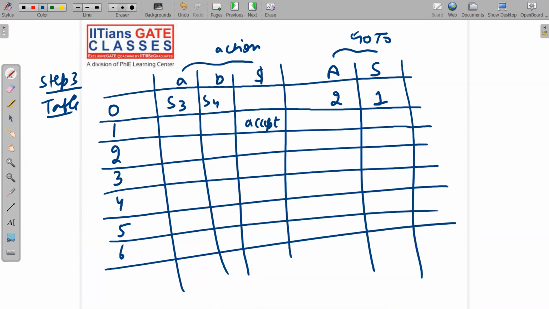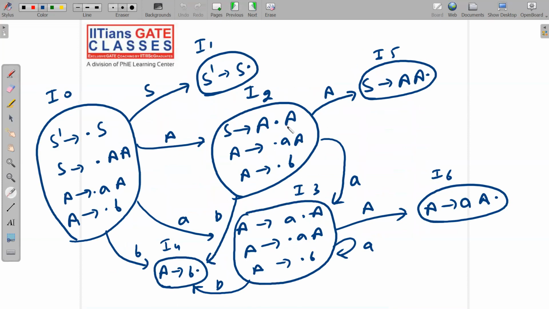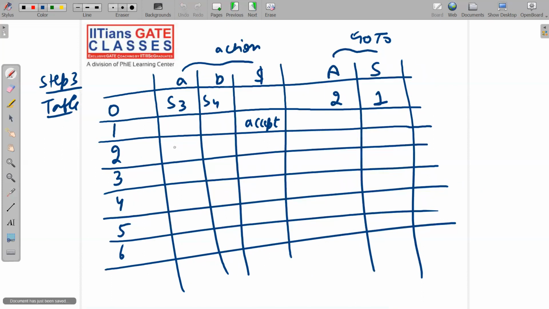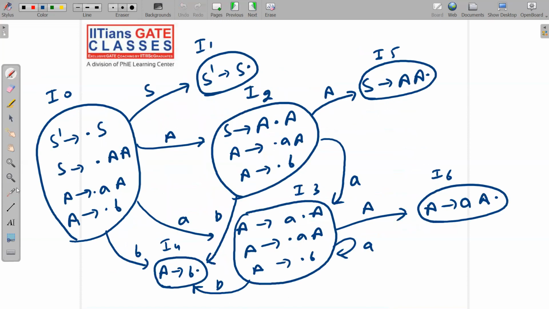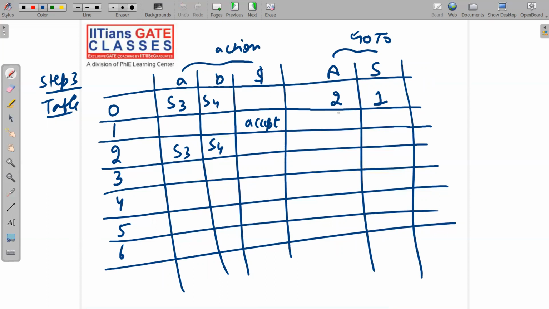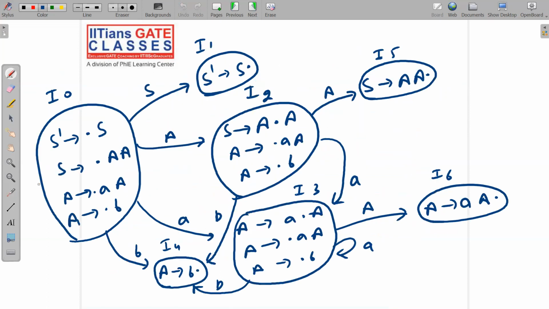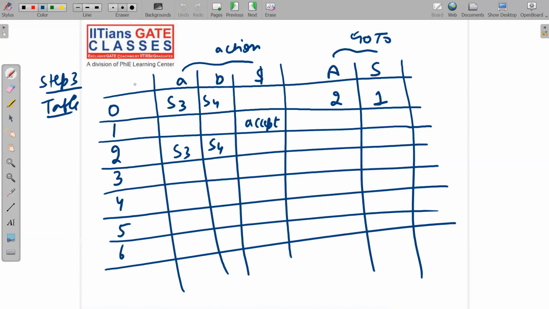Now 2 on small a, S3, and here also S4, you can check it out. 2 on small b, S4. 2 on dollar, nowhere. 2 on capital A, go to state number 5.